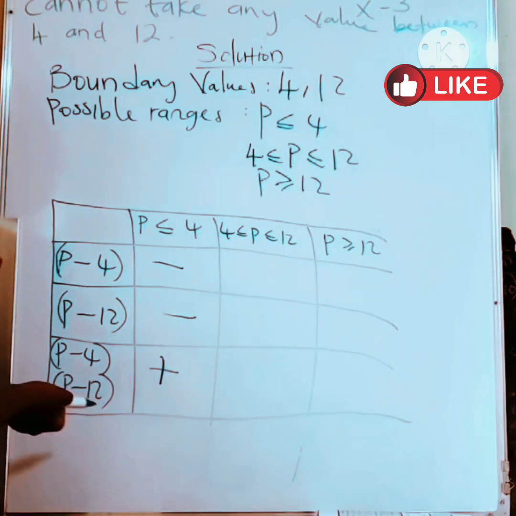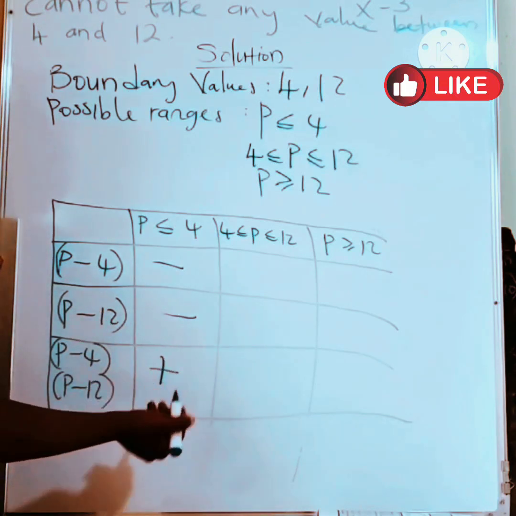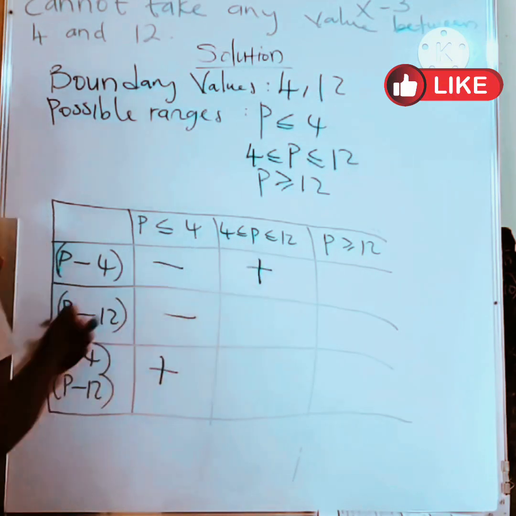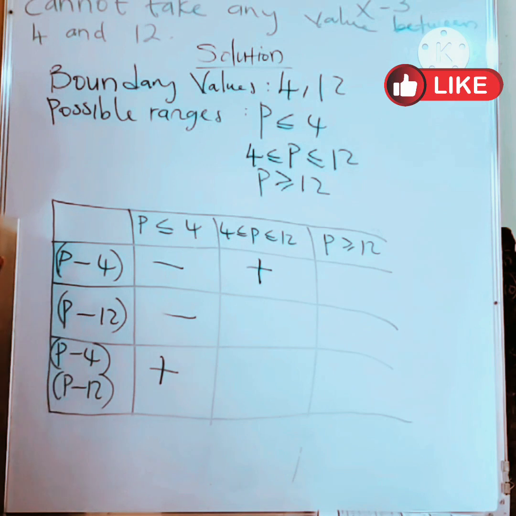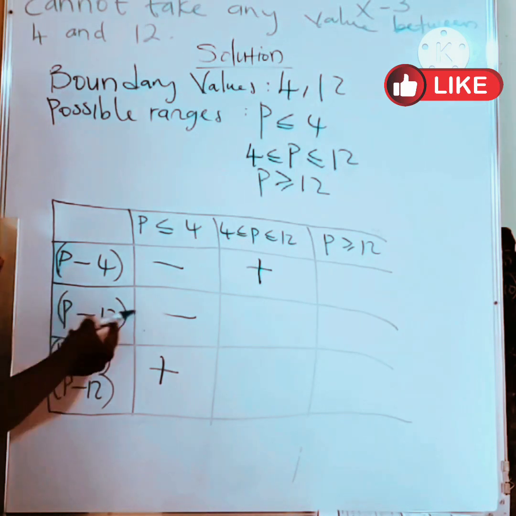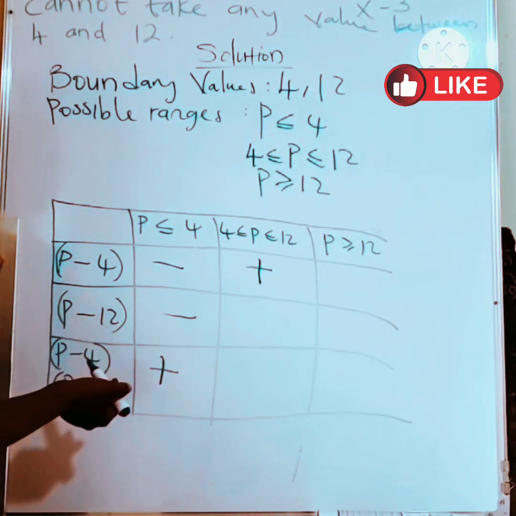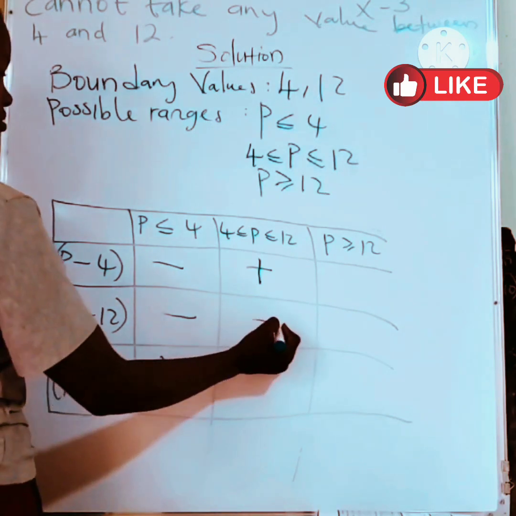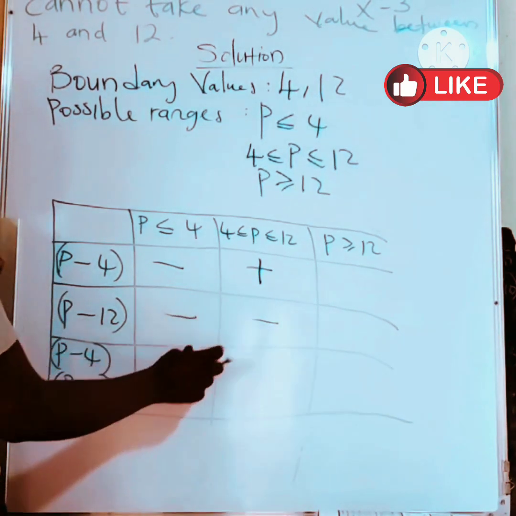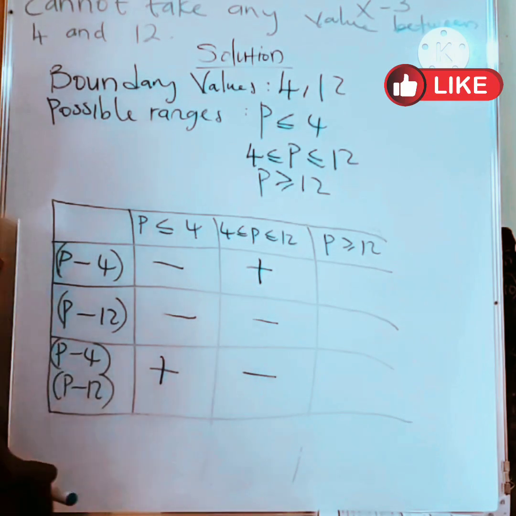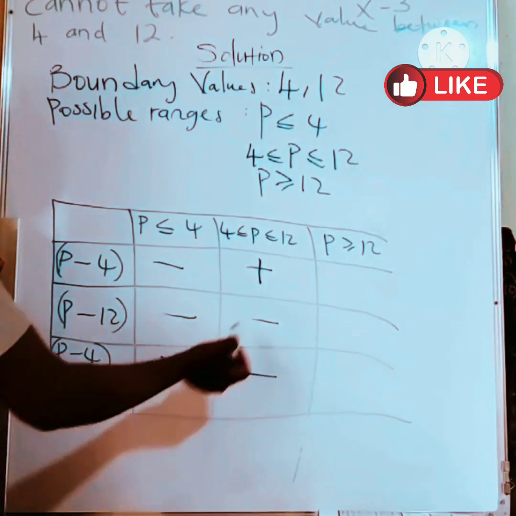Now if we pick any value in the range between 4 and 12, for example 5, 5 lies between 4 and 12. Placing it in p minus 4, 5 minus 4 will give us 1, which is a positive number. In the second factor, 5 minus 12 will give us negative 7, a negative number. And multiplying the two gives us a negative solution.